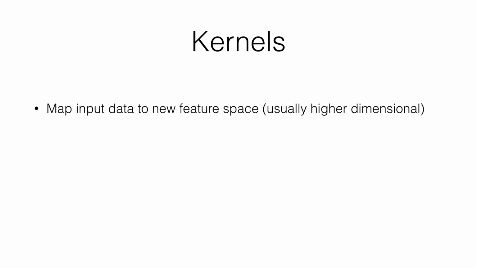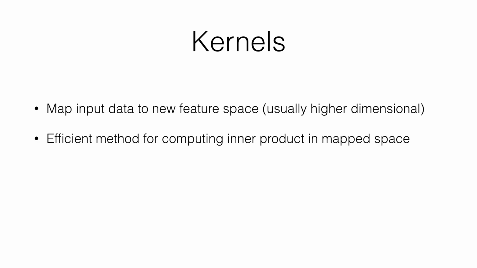So to wrap up, the idea behind the kernel method is to map the input data that you get into a new feature space that is usually going to be higher dimensional, because we're going to want to use the kernel trick to reason about more nuanced models of the data than the standard linear models. And we'll need to have an efficient method for computing the inner product in the mapped space, especially if it goes to a much higher dimensional space like in the RBF kernel.